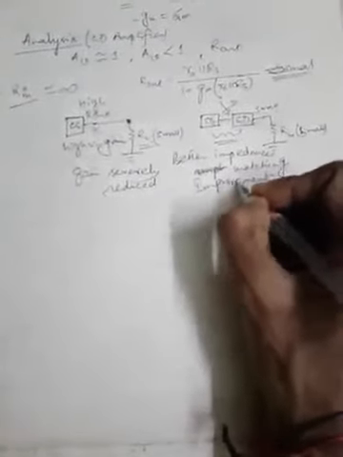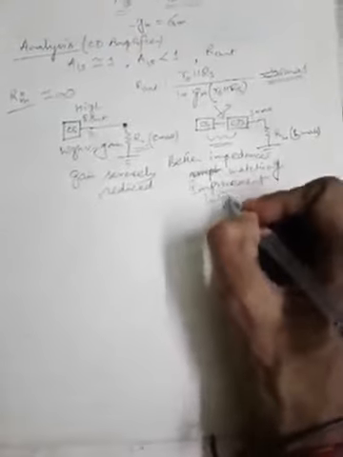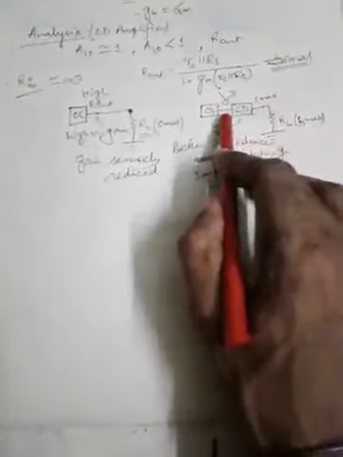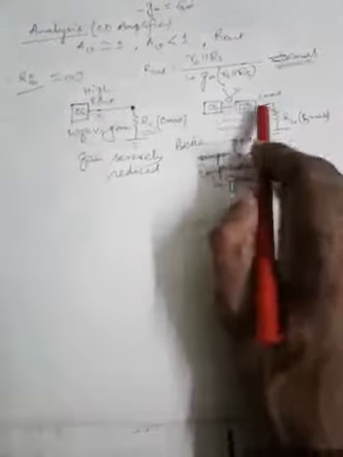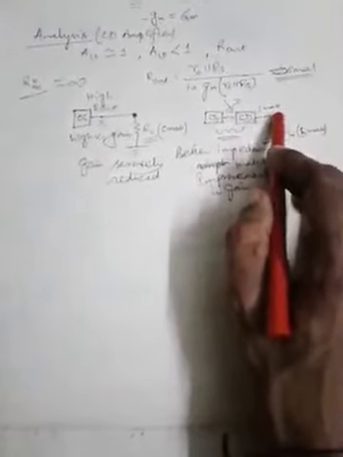We have seen in the last lecture that the common drain amplifier acts like a voltage buffer, or like a source follower. That means whatever is present as the voltage at its input will be represented as it is at the output with unity gain.